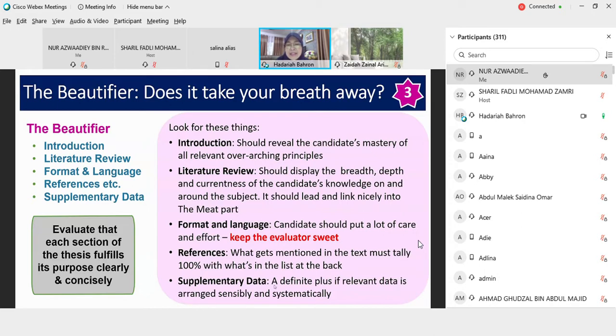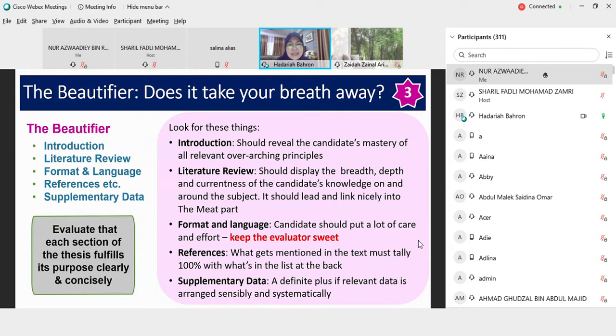And supplementary data. It is a definite plus if relevant data is arranged sensibly and systematically. In my field, if you are putting infrared in Appendix A, you are putting infrared according to maybe the series of compounds that you are discussing accordingly in sequence, so the examiner can go through it in a good system.